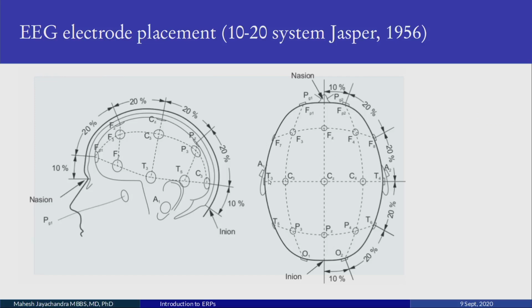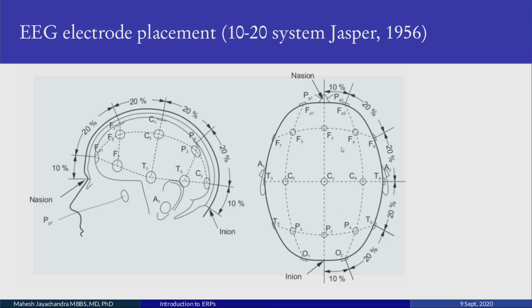So this was a system for EEG electrode placement, which was first propagated and popularized by Jasper, a Canadian EEG researcher. So here you have, this is from the top, and this is looking at the left side of the brain.